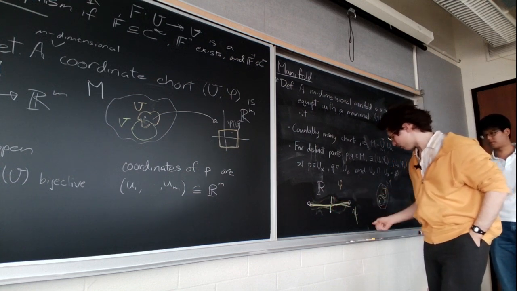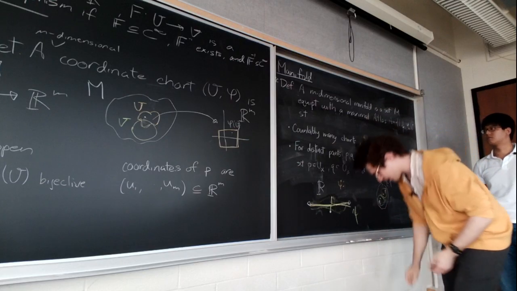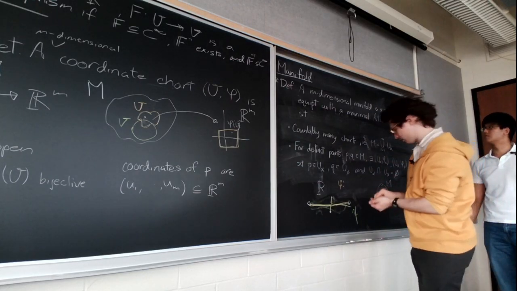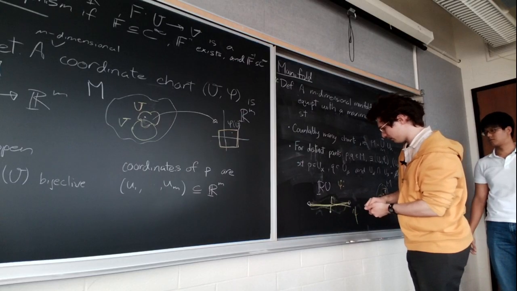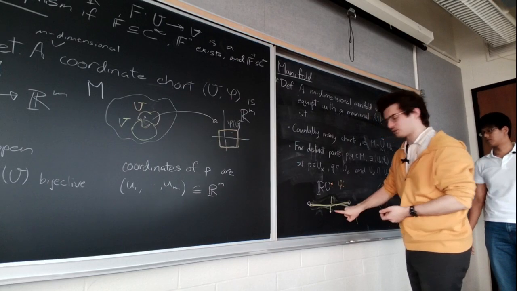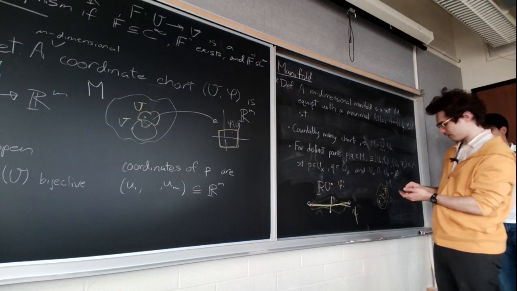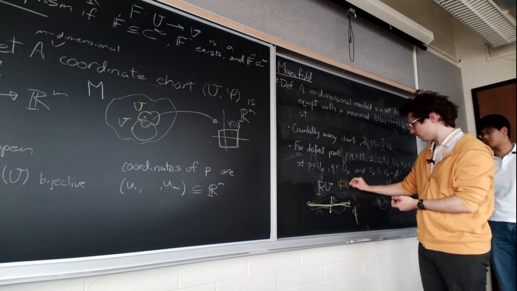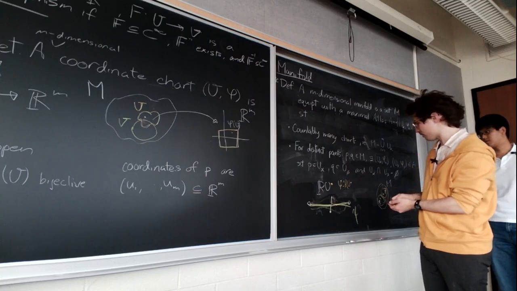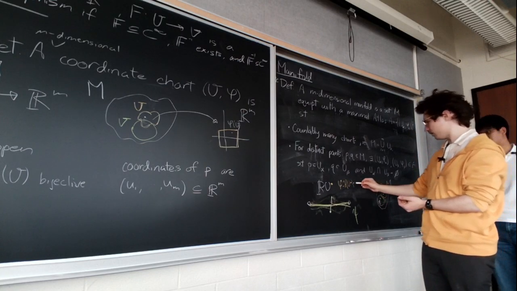So the chart phi is from what set to what set? This is R union the yellow point, and suppose the green point was already there. So phi is from R union yellow minus green into R. Do you agree?